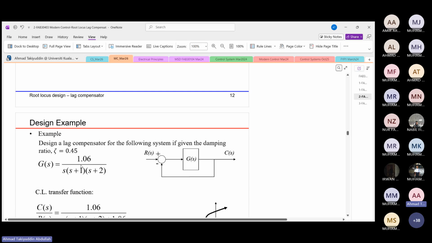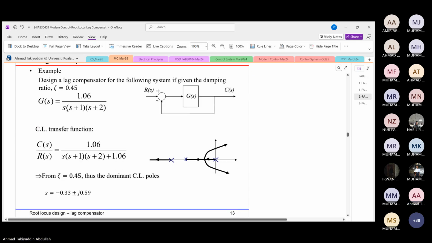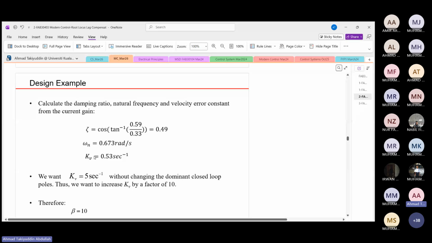As you look at the example here, your s is outside the factors that you have for the denominator, which means that this will be s to the power of 1. So what you need to find will be the Kv. You need to find the velocity static error constant.